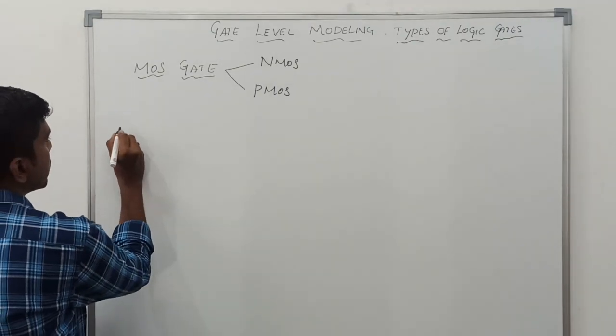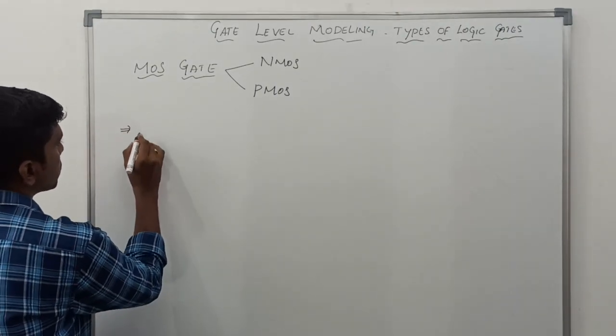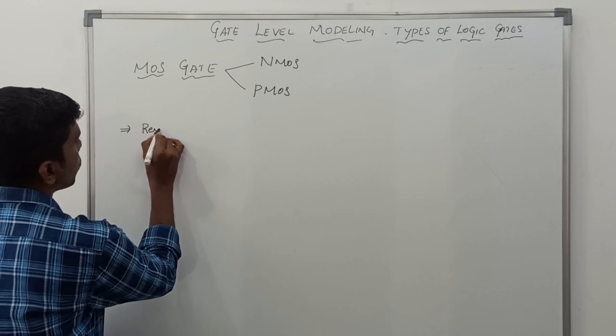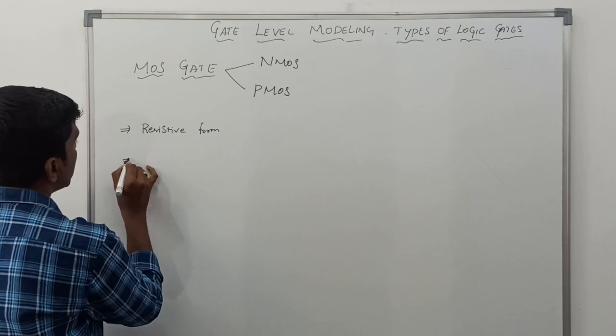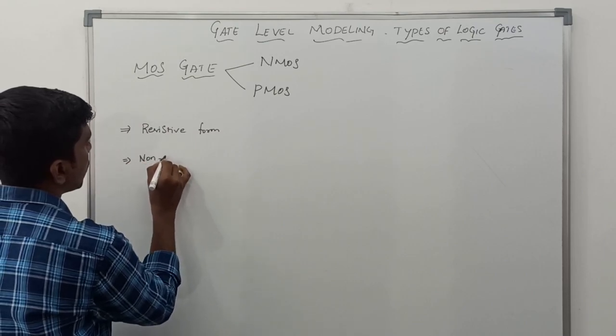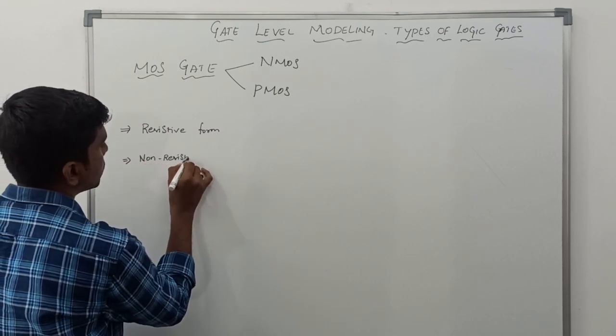This MOS gate operates in two forms: one is resistive form and another is non-resistive form.